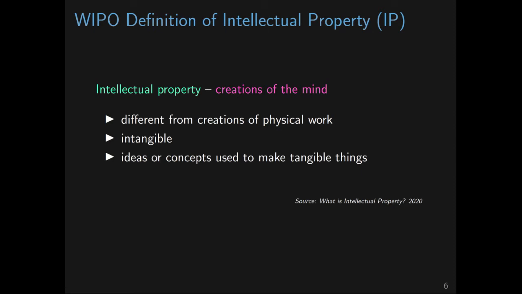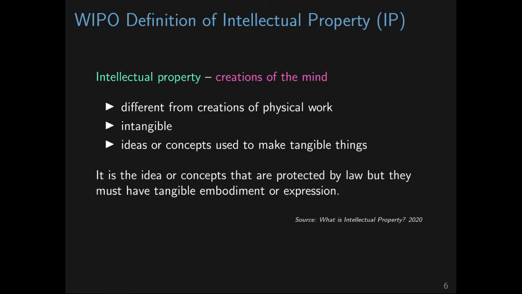These products are tangible objects such as a house, a bar of soap, an automobile, a cellular phone. On the other hand, intellectual property is intangible, being creations of the mind. These are really ideas or concepts that are used to make tangible things.